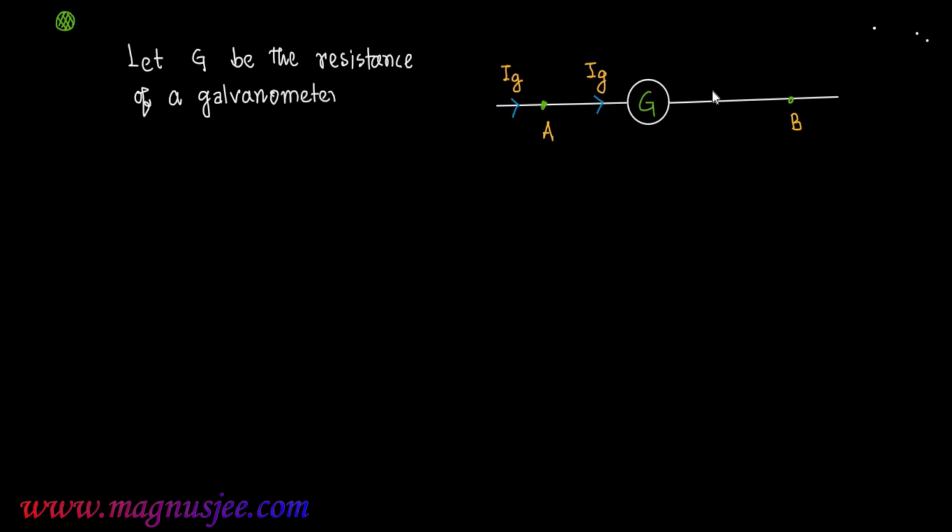In the diagram, we have a galvanometer of resistance G, and Ig is the maximum permissible current flowing through the galvanometer, so that the galvanometer does not get damaged.